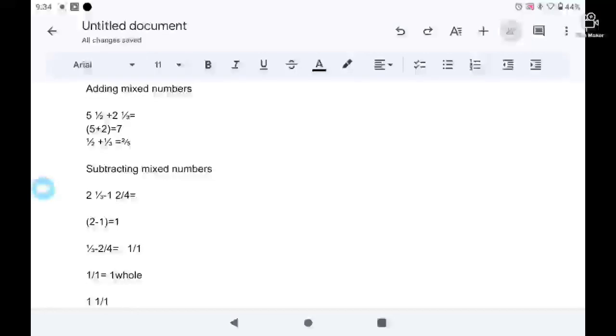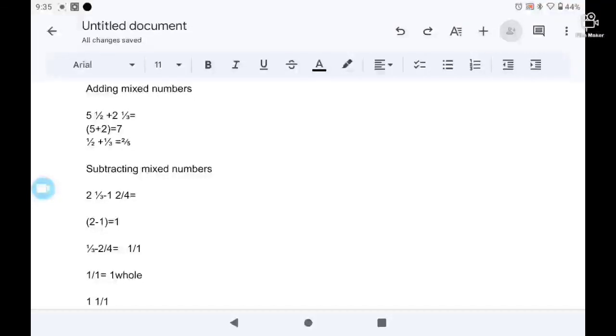So 2 is our new numerator. Next we go to the denominators, which are 2 plus 3, which gives you 5. So our new fraction is 2/5, and with the whole number it is 7 2/5.